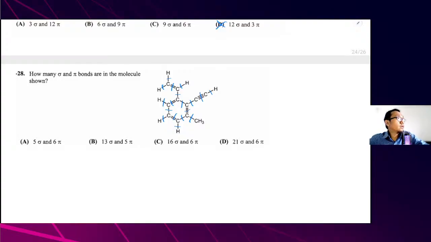Let me see. Remember, a triple bond consists of 1 sigma and 2 pi. Okay, let's count again. 1, 2, 3, 4, 5, 6, 7, 8, 9, 10, plus 2, plus 3.